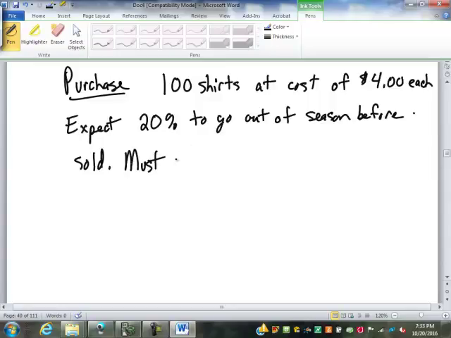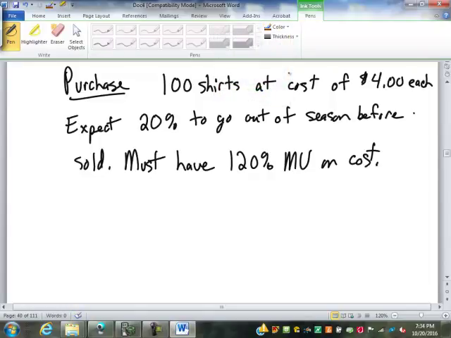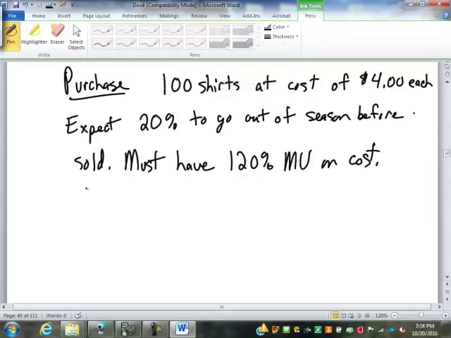You must have 120% markup on cost. There's an extra I'm going to throw in here.